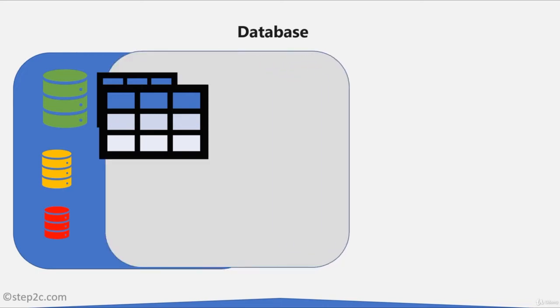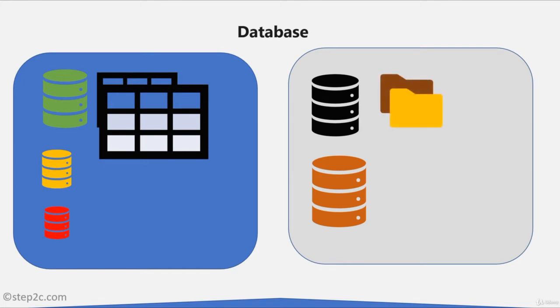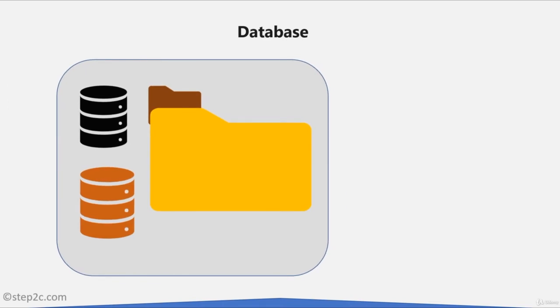Now let's see how we could create a NoSQL-based database. In the case of NoSQL or Cosmos DB, once you create a Cosmos DB account, you could create a database. And within the database, you could create containers, which is similar to a table in a normal database. And within the container, you could insert data as documents.